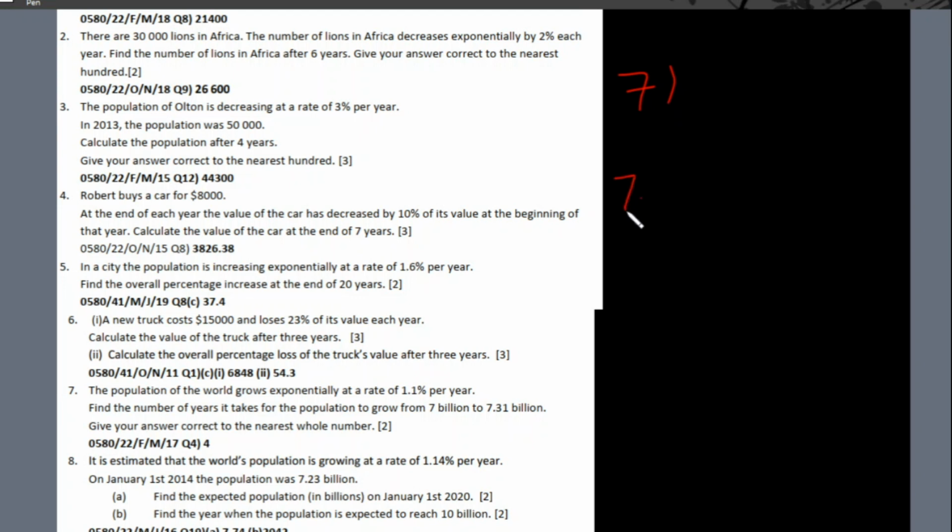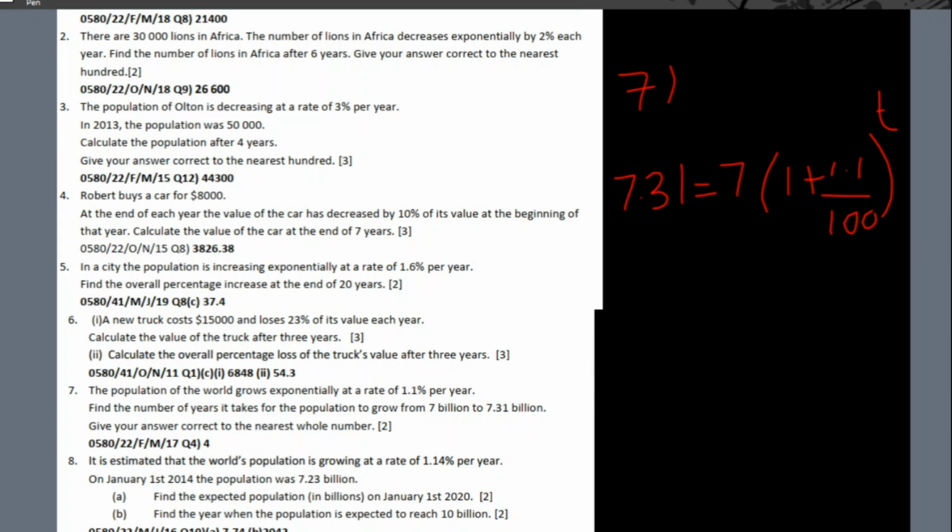So I'll use the new value equals initial value times 1 plus rate, 1.1 over 100, raised to the power t. Now I would use billion here and billion here because they would cancel out. Billions means 10 power 9 I suppose, and 10 power 9 at both sides of the equation get cancelled. Alright, now we need to make t the subject.